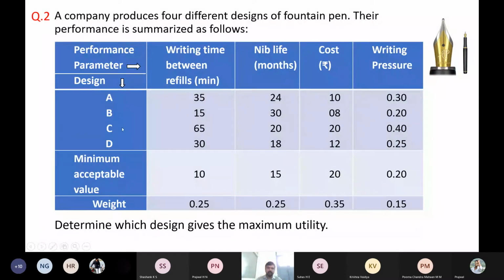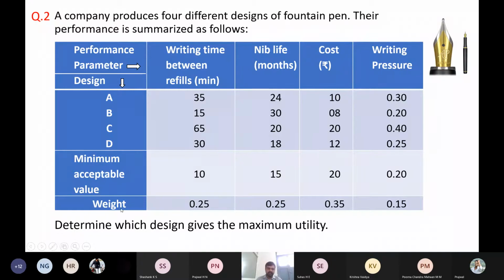Now we have to make a decision on which is the best design by considering the values of the various parameters. For every parameter there is a minimum acceptable value. If the value is not the minimum acceptable, then you cannot consider the design concept at the early stage itself.